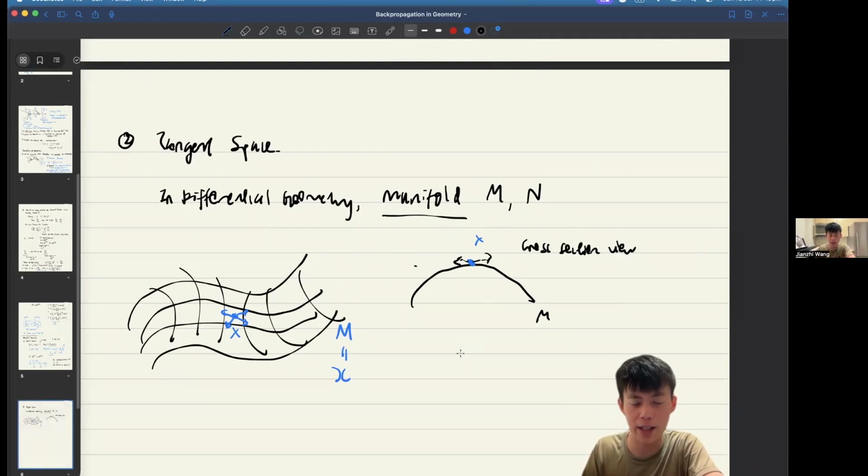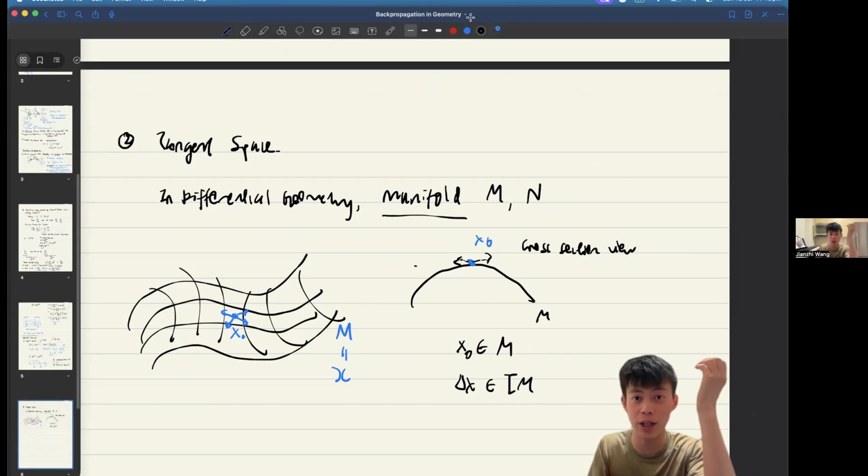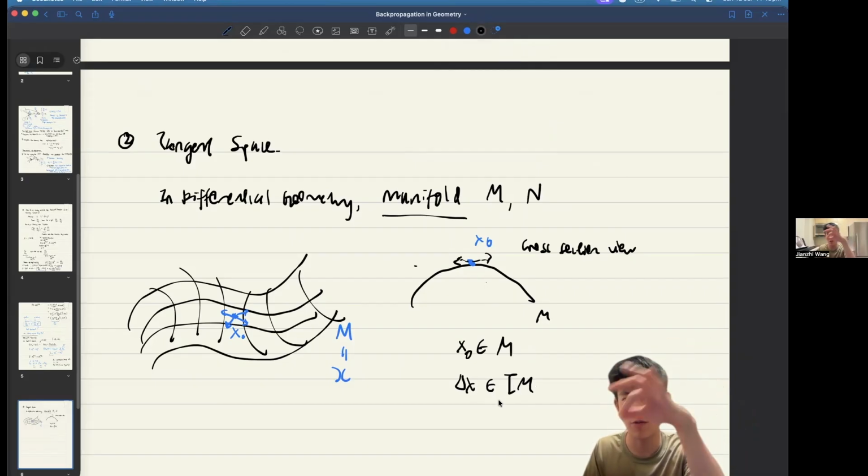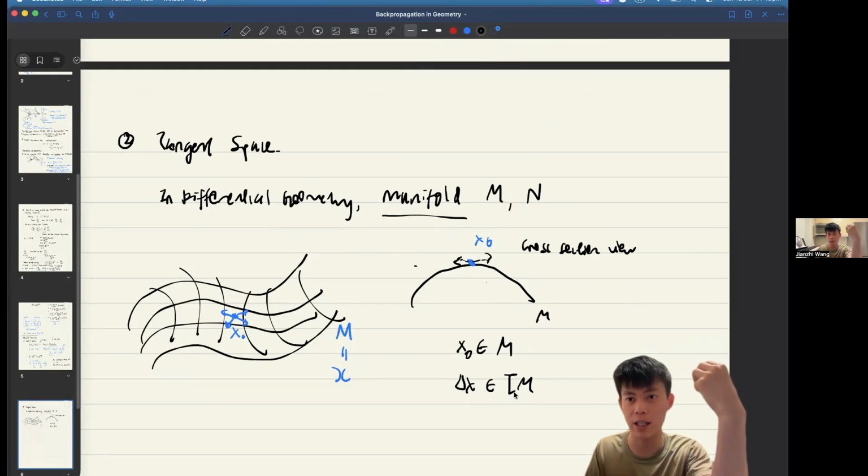Which is why just now I said that x naught lives in M, but your delta x actually lives in what we call the tangent space. The tangent space is a different space than the manifold. I should be more precise. This delta x needs to be defined with respect to a point, and this tangent space, for now, I will define as with respect to a point. So the tangent space to the manifold M at x naught, right?